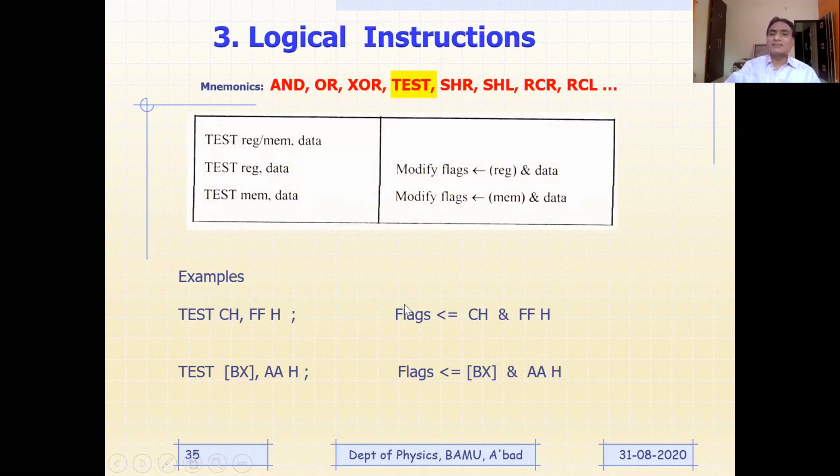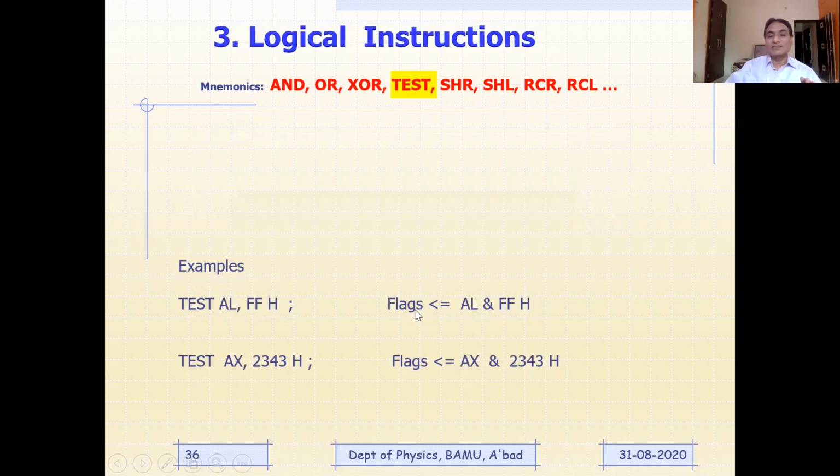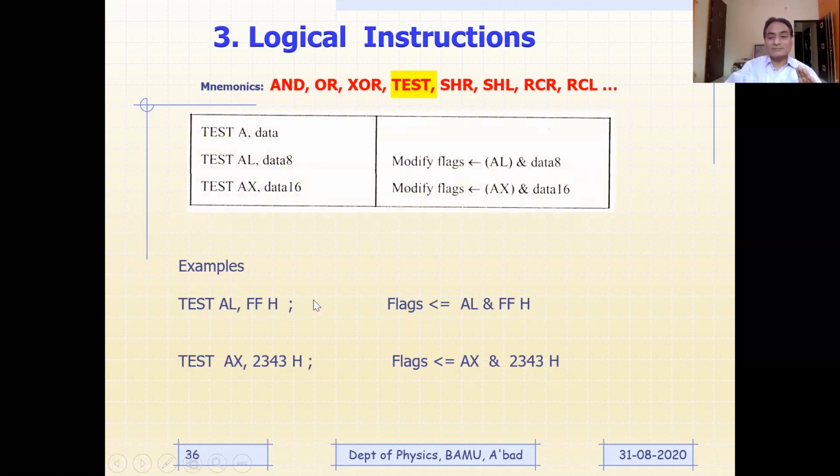And the other formats are the same; the three formats of AND and XOR are similar here. The destination will be either a register or a memory location, and the source can be 8-bit data. The only difference is that only flags are updated, no destination register is updated. And this is the last type. You can see TEST here.